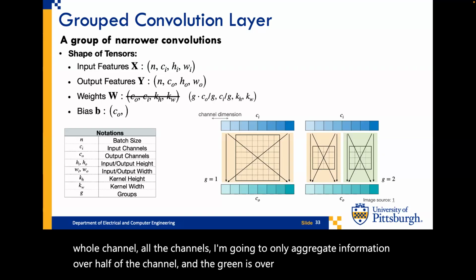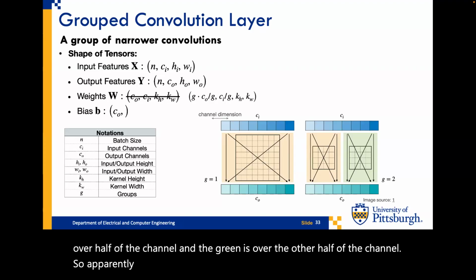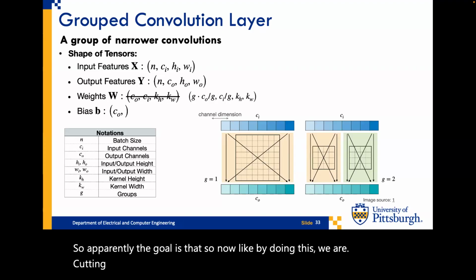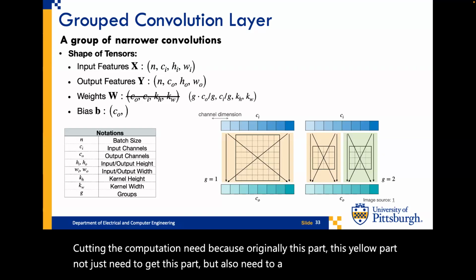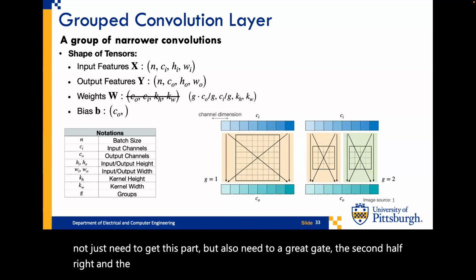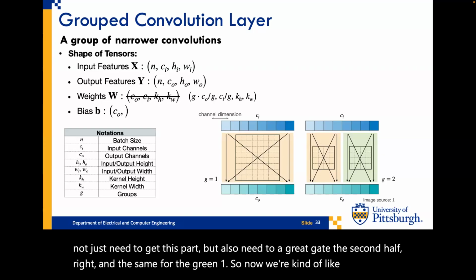So now we are cutting the computation, because originally the yellow part needed to aggregate the second half too, and the same for the green one.